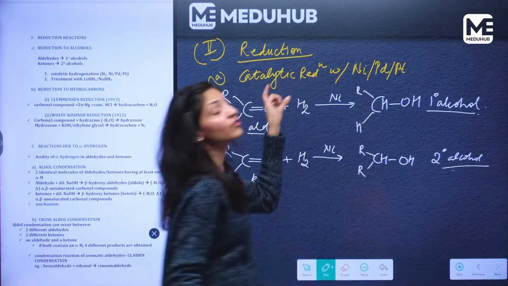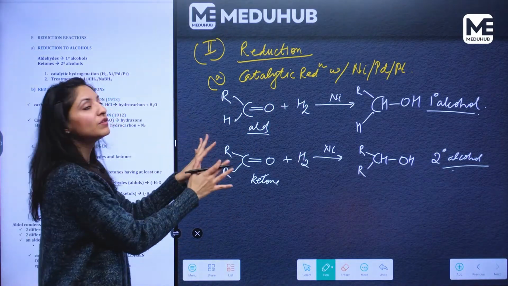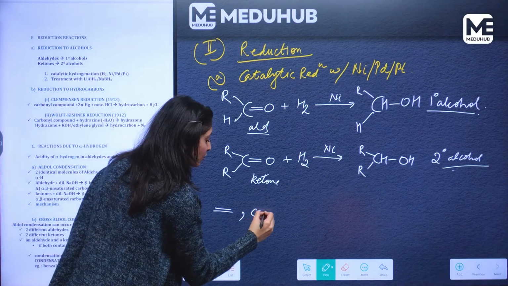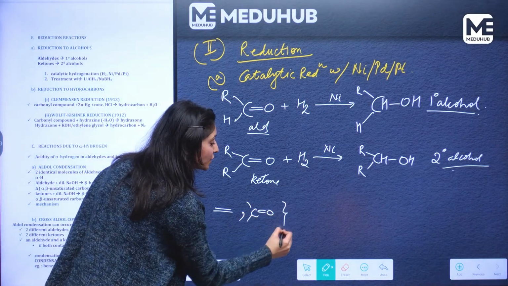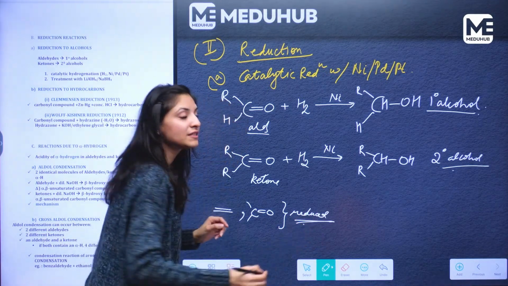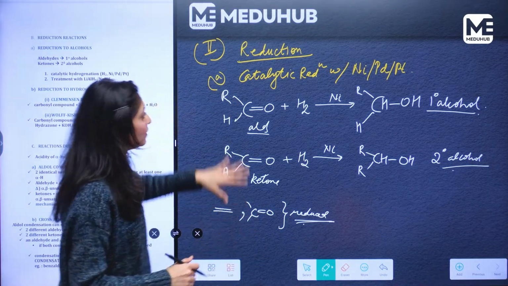Now, catalytic hydrogenation is also used for the reduction of double bonds. So, if we have a compound which has a double bond as well as a carbonyl group, both of these would be reduced to give us an aliphatic, totally saturated alcohol.